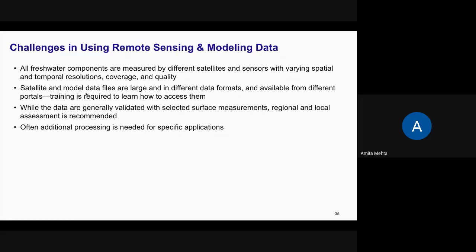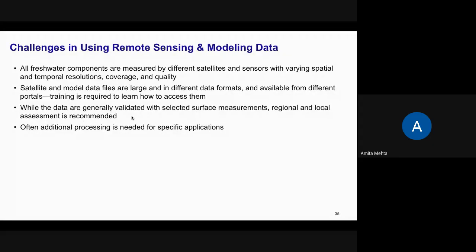And then satellite and model data are large files in different formats. You have to get them from different portals. So for that, a little bit of training is required. But once you get used to it, it's pretty easy to access them. Generally, they are validated.